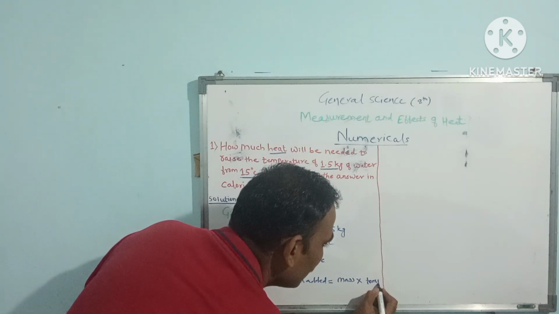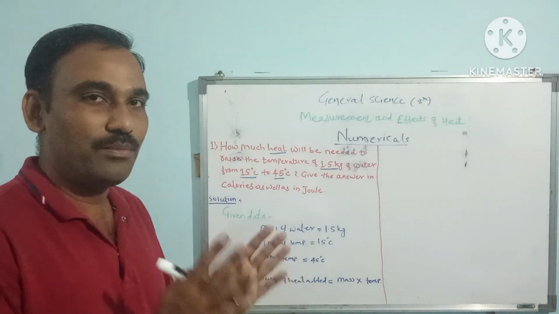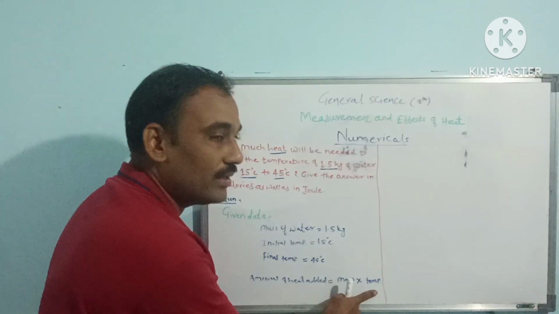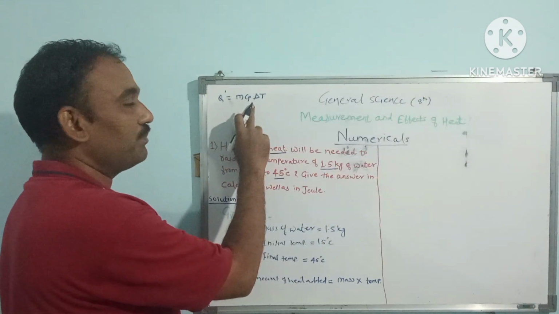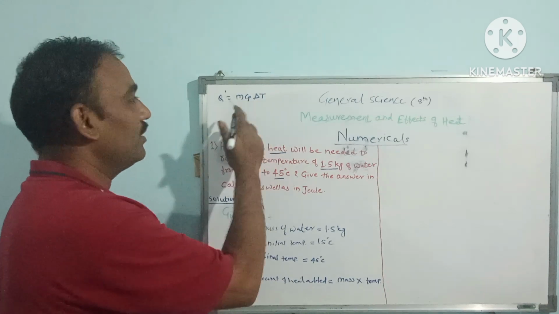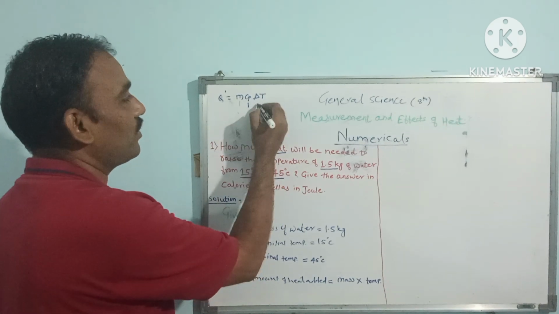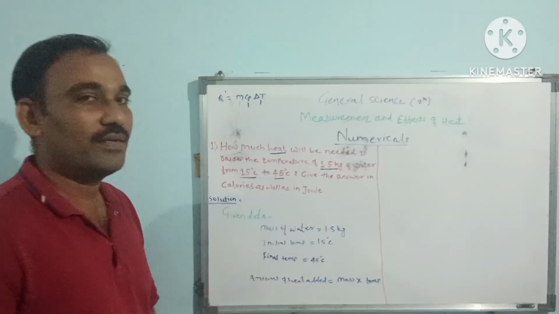Are you getting it? The amount of heat added or supplied to any body or substance is always equal to mass into temperature difference. Actually, Q is equal to M into Cp or Cv into delta T, where M is mass, Cp or Cv is specific heat at constant pressure or at constant volume, and delta T is the temperature difference.